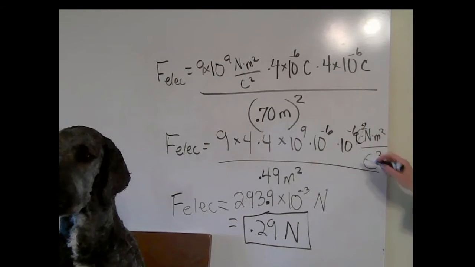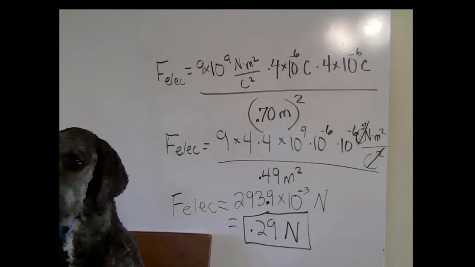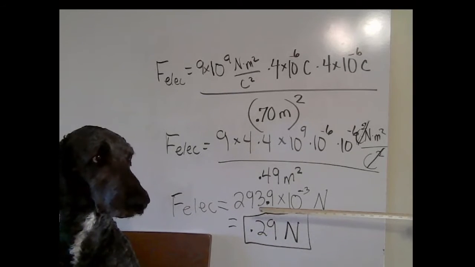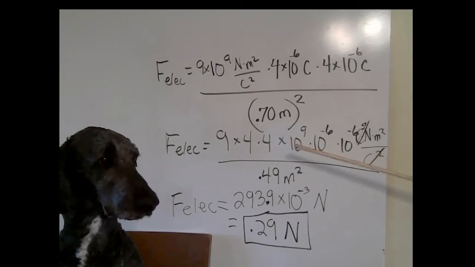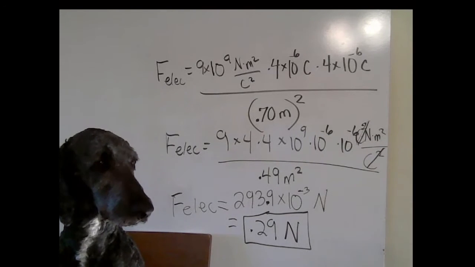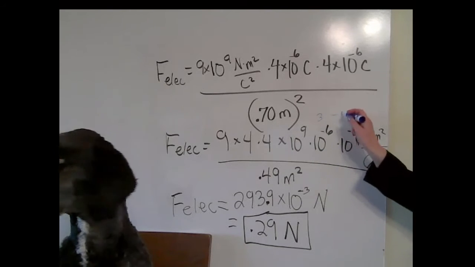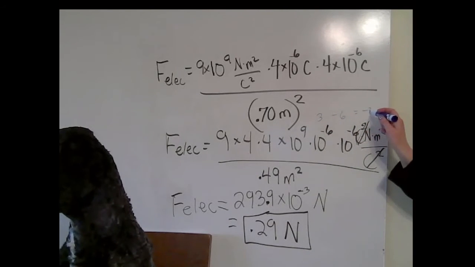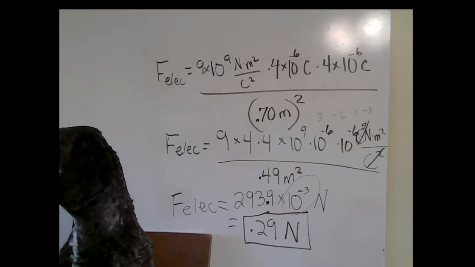So the coulomb squared is going to cancel with the coulomb squared, and you're going to end up, after you multiply everything out, and by the way, using the rules of exponents, 10 to the 9 times 10 to the minus 6 times 10 to the minus 6, you recall you add the exponents, so this is like 3 minus 6 becomes negative 3, and so you end up with 10 to the negative third.